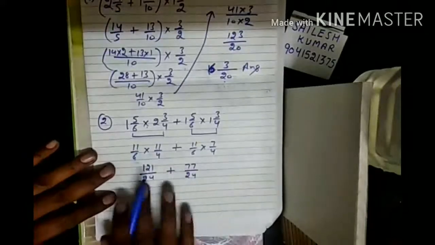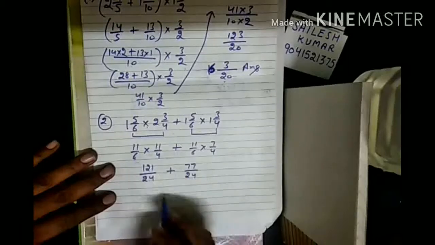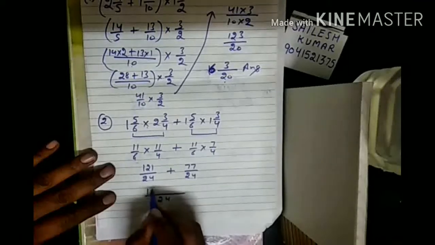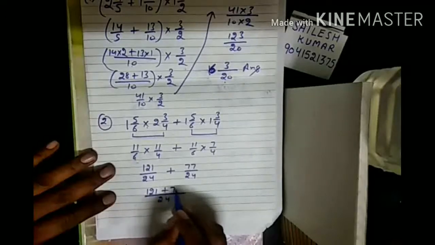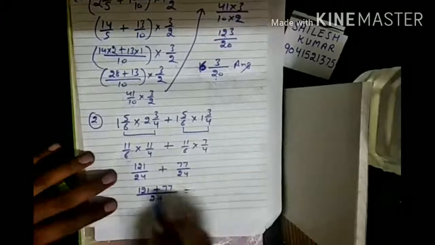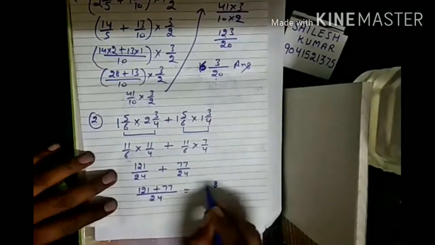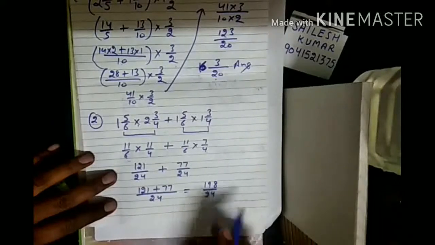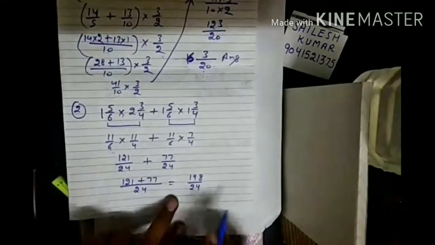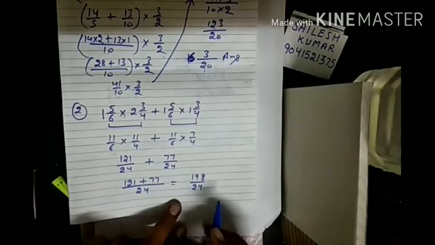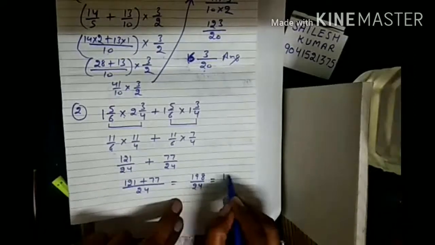Now here the denominator is the same, so their LCM is 24 and we will add the numerators. 121 plus 77 is 198, over 24. Now you can see that both are divisible by 2, so we will divide them by 2.